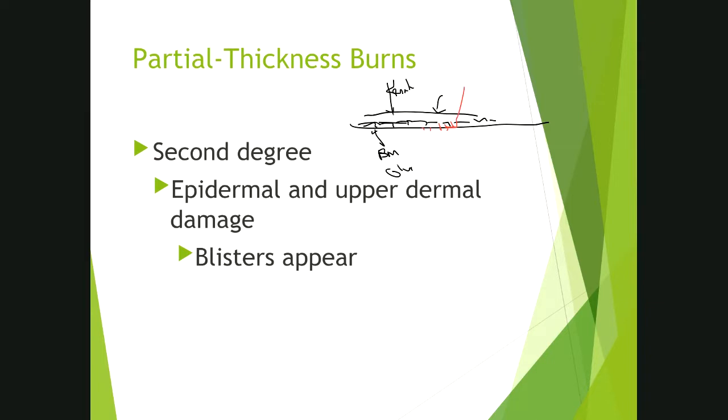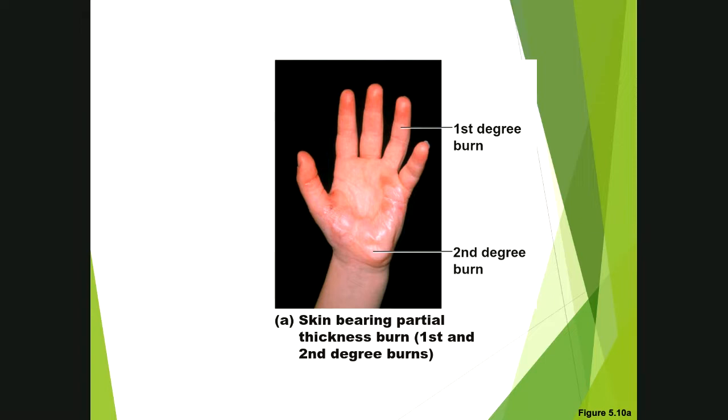And so the glue doesn't hold down anymore. And so fluid pushes this up, but it can't get out because of the keratin. And so what's going to happen is it's going to bubble up like that. And so you get blisters. So if you look at a second-degree burn, it has blisters.